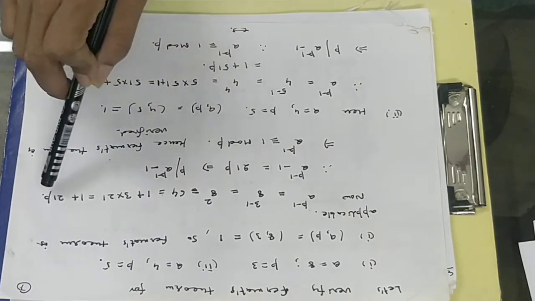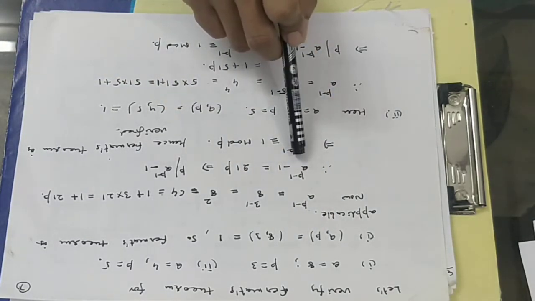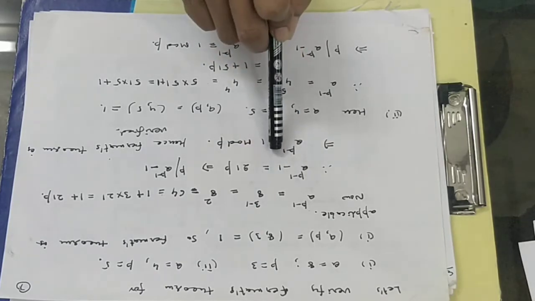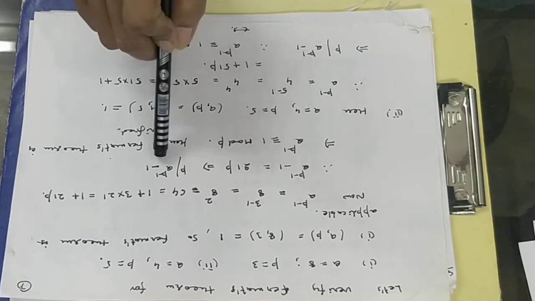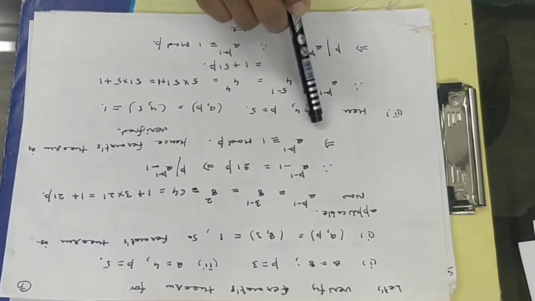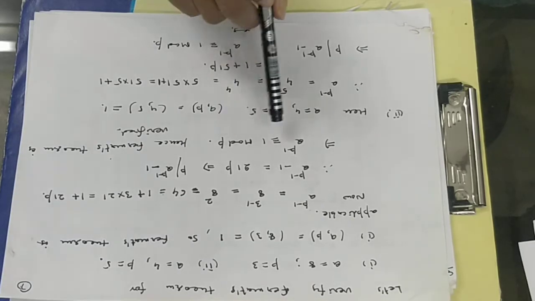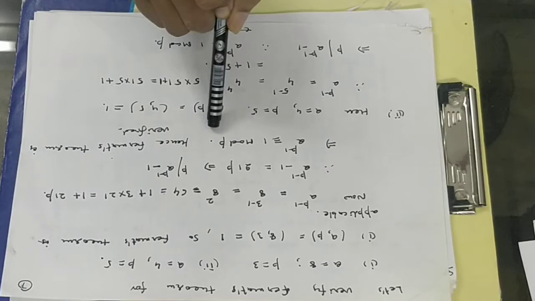This 64 can be written as 1 plus 3 into 21, that is 1 plus 21 into p, because p here is 3. Thus, we can see that a to the power p minus 1 is equal to 1 plus 21p, and this implies p divides a to the power p minus 1 minus 1. So Fermat's theorem is verified, that is a to the power p minus 1 is congruent to 1 modulo p.